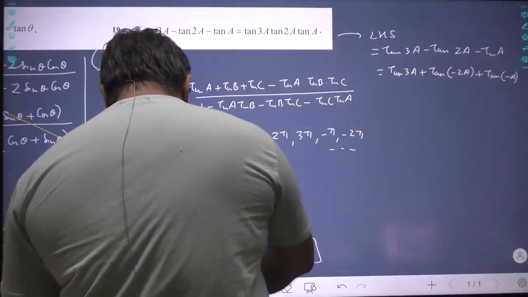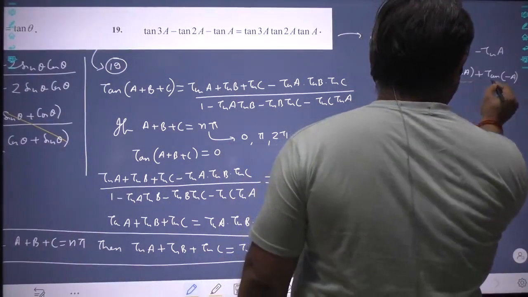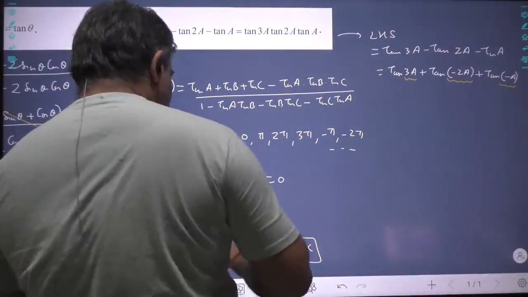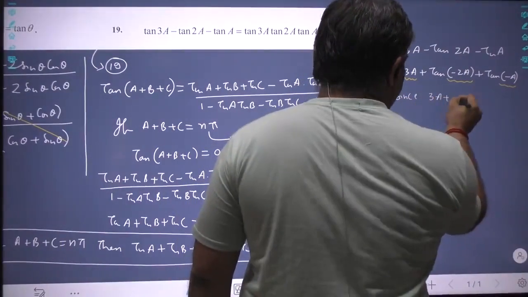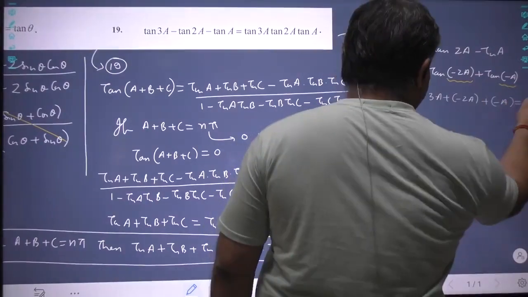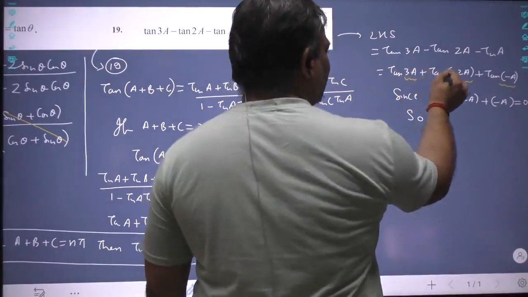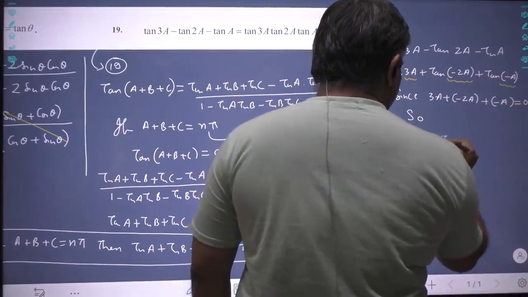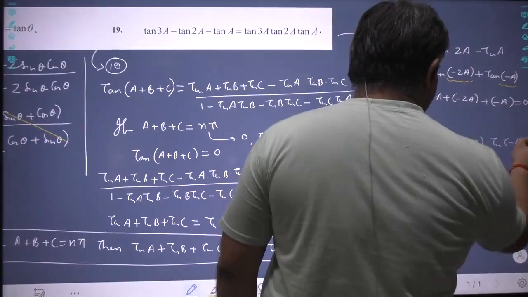Now use the eyes gifted by God. We have 3 angles, and the sum of these 3 angles is 0. I will say, since 3a plus minus 2a plus minus a is 0, so tan a plus tan b plus tan c will be equal to tan a into tan b into tan c.